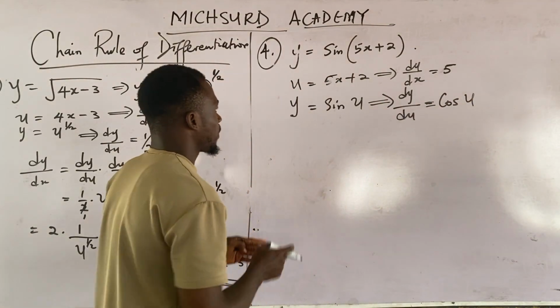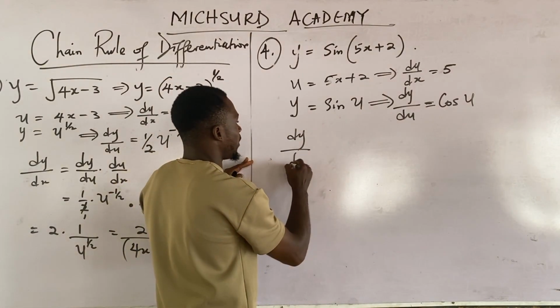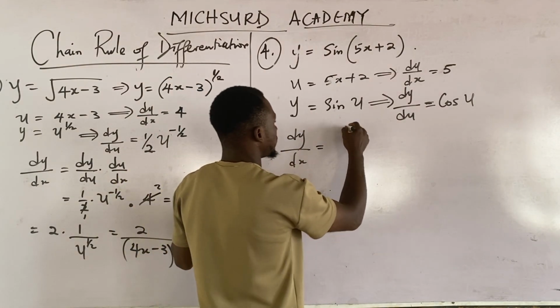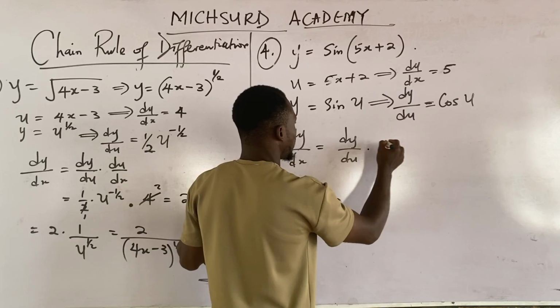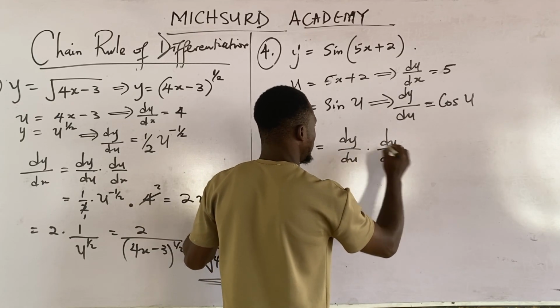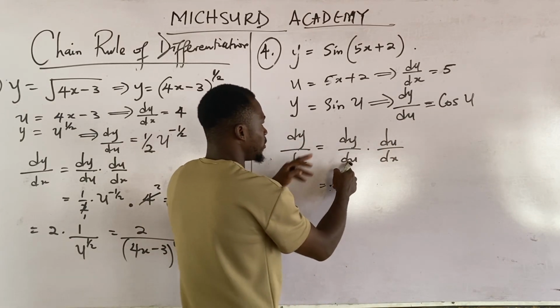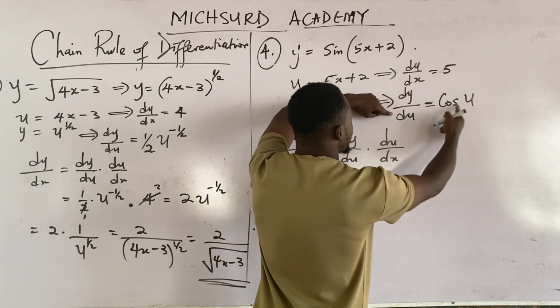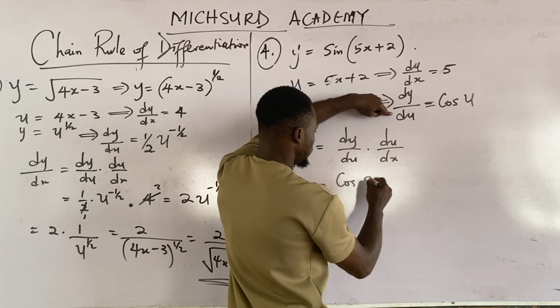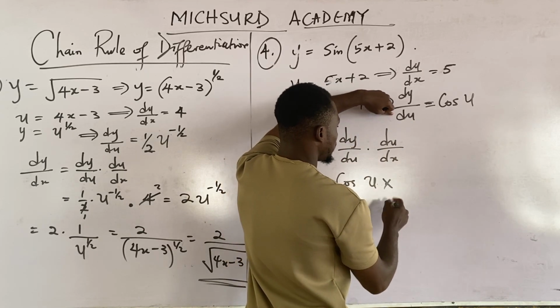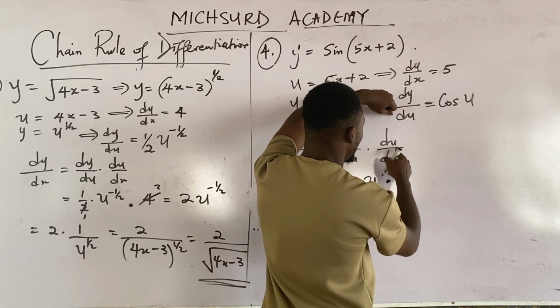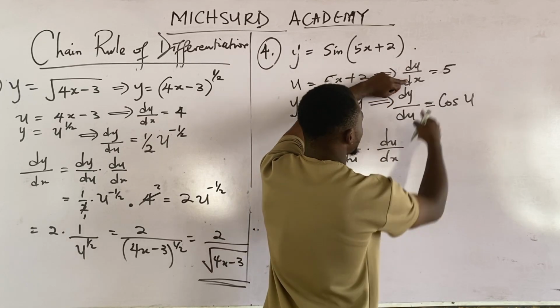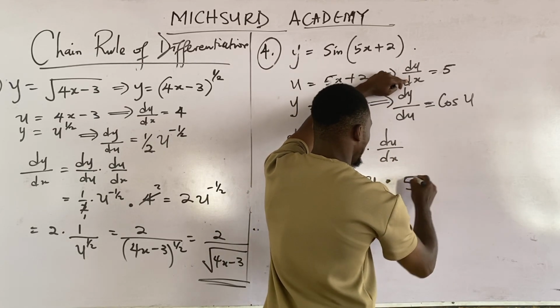Now, the chain rule says dy/dx is equal to dy/du dot du/dx. So we have our dy/du, which is cos u, times du/dx. du/dx is 5. So we have this.